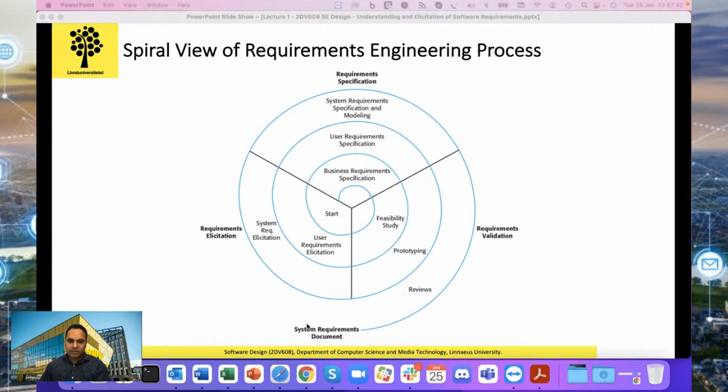So it's better to continue your process, and that's why the requirements engineering process is a continuous process, and it's better to view it in this spiral form, because you continue your elicitation, specification, and validation until you are happy with your requirements document.